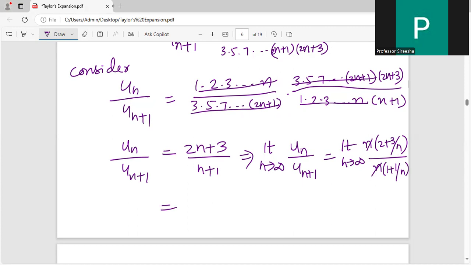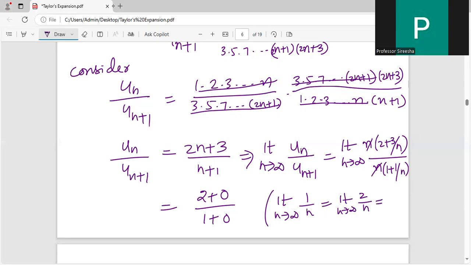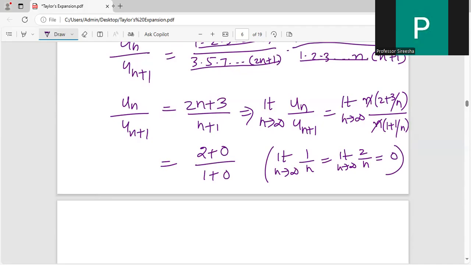So as n tends to infinity, what happens? 2 plus 3 by n goes to 0, 1 plus 1 by n goes to 0. Limit n tending to infinity 1 by n, or 2 by n, or anything by n goes to 0. So this value would give me 2.